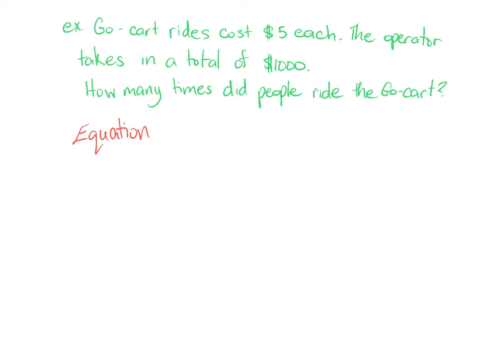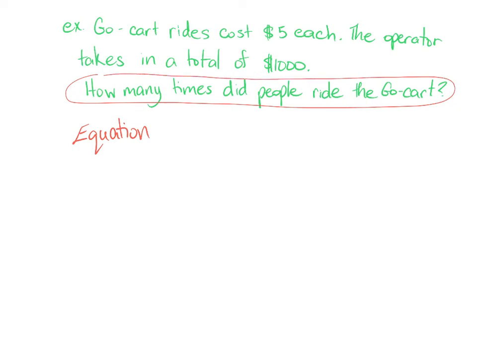We don't know how many times people rode the go-kart. We have to define that unknown, meaning we'll call that number something. It could be X, it could be Y. I'm choosing something specific. We're talking about rides, so I'm going to call it R. So I'm going to say let R be the number of rides.